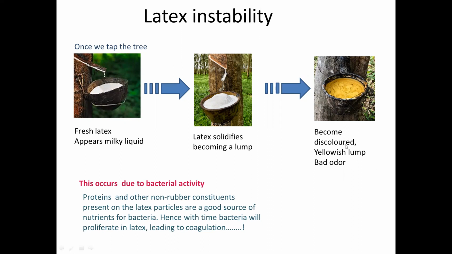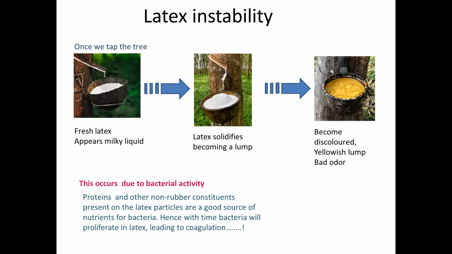This is called putrefaction. This process occurs due to bacterial activity on natural rubber latex. Now, when you have fresh latex, as we said, there are so many non-rubber constituents. For example, mainly you have proteins, carbohydrates, lipids.